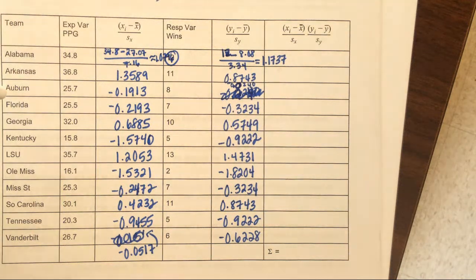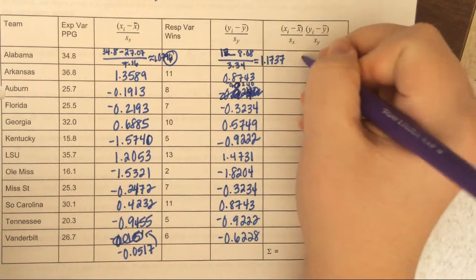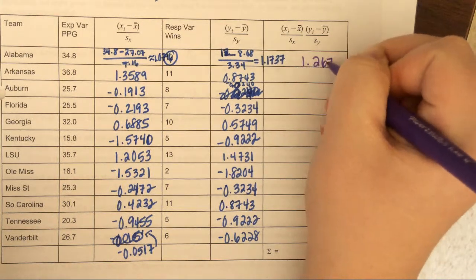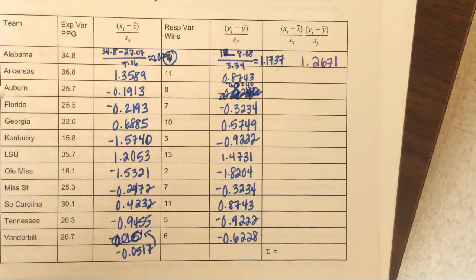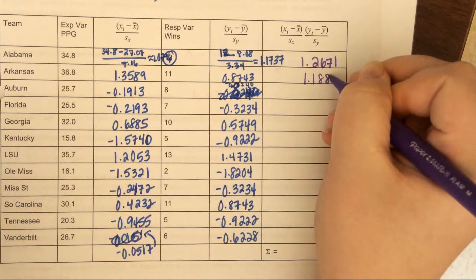Literally multiply them all. So that was 1.0796 times the other, 1.1737. We get 1.2671. When I multiply 1.3589 times 0.8743, I get 1.1881.